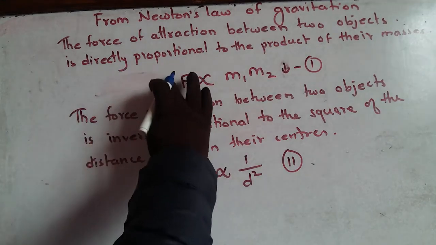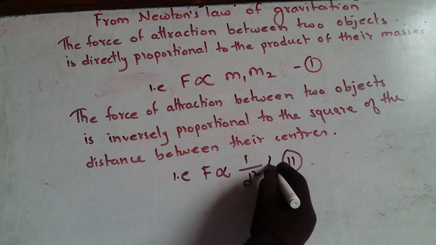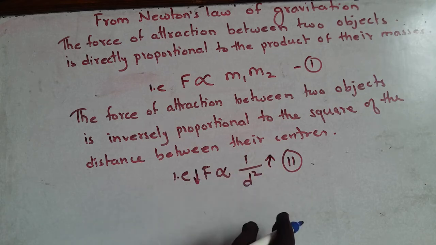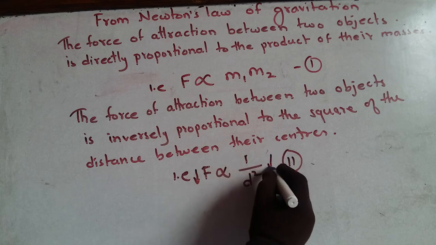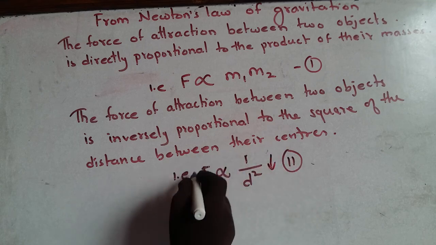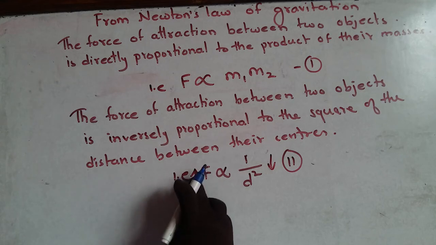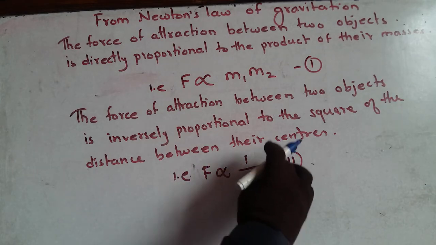But in the second part, if the distance increases, the force decreases because they are inversely proportional. So if the distance decreases, then the force increases. That's why force of attraction and distance are inversely proportional.